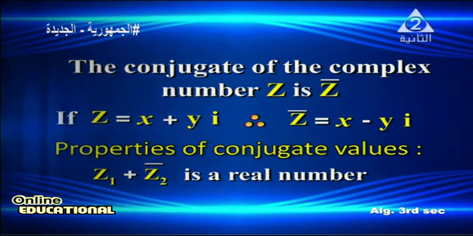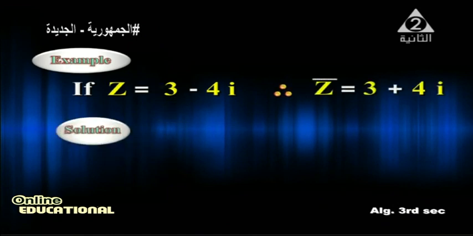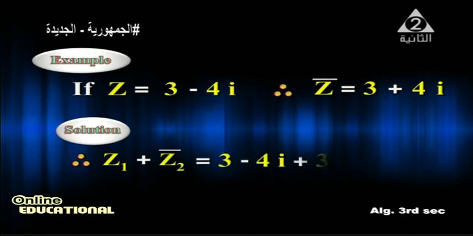Why? Look at the example z equals 3 minus 4i. z bar is 3 plus 4i. When we add z plus z bar, 3 plus 3, 6. Only this, real. z plus z bar equals 6 is real. Belongs to R.